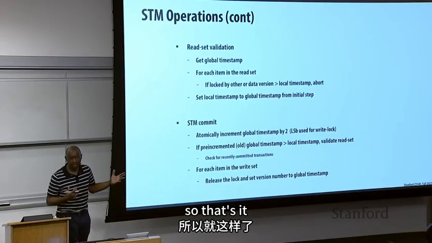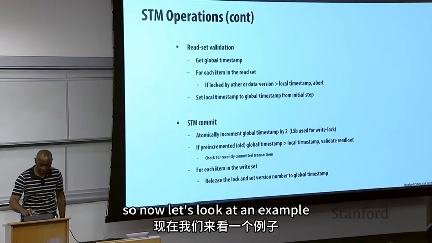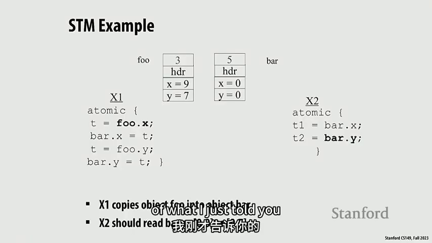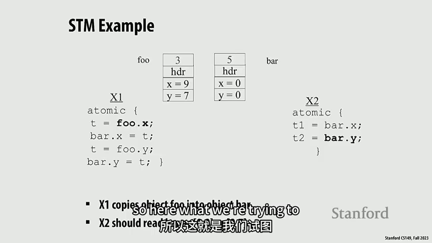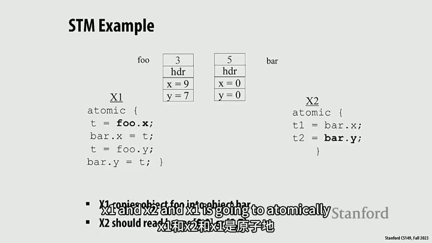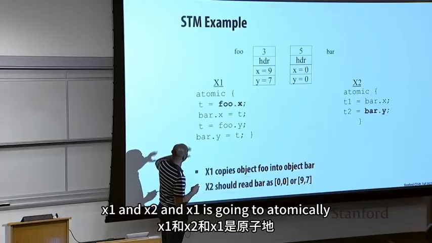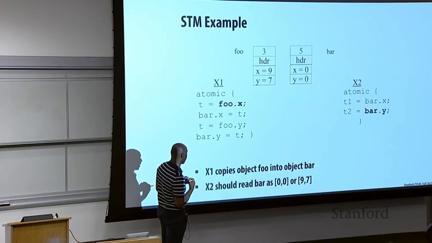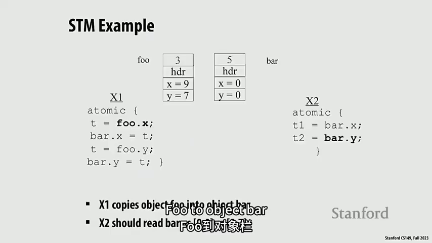So that's it. So now let's look at an example, which is a slight modification of what I just told you, but it's close enough to make sense. So here we have two transactions, x1 and x2, and x1 is going to atomically copy object foo to object bar, right?